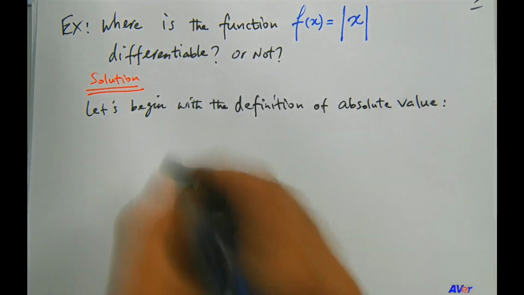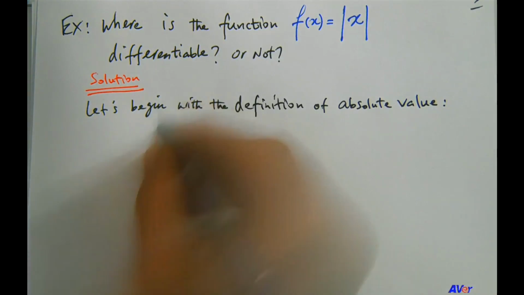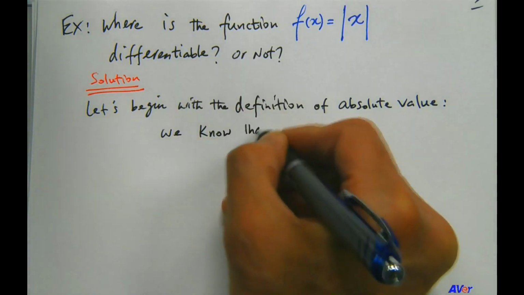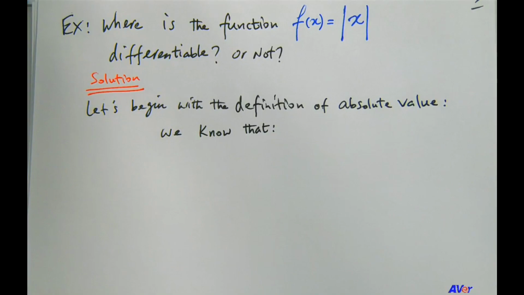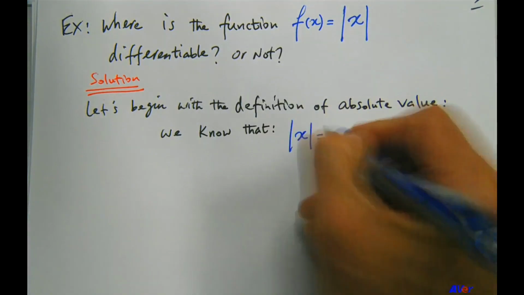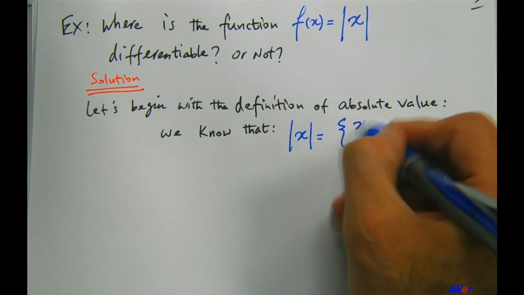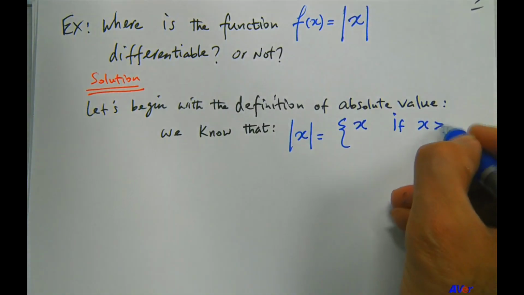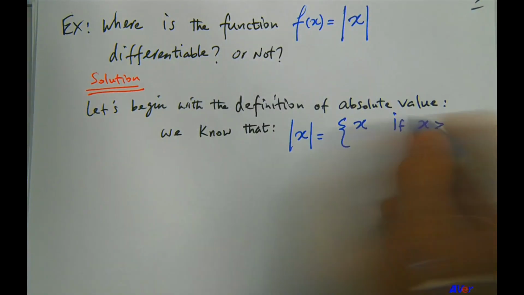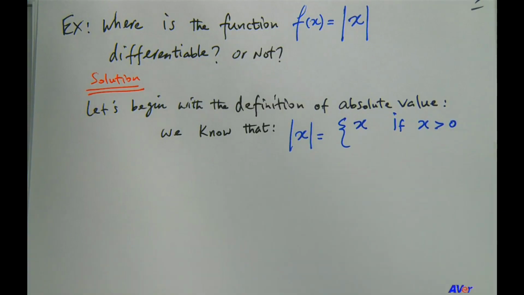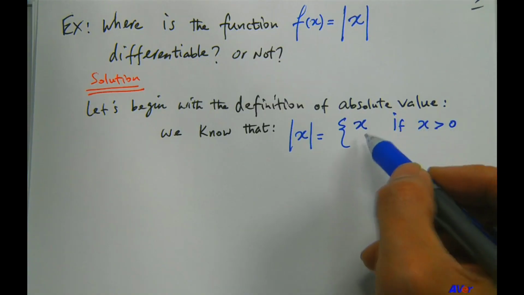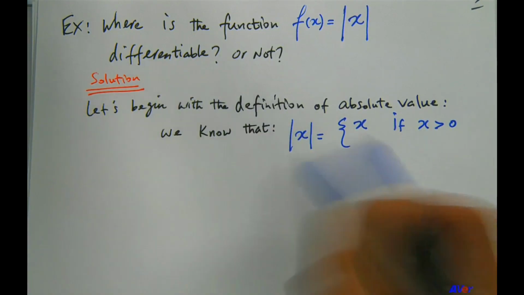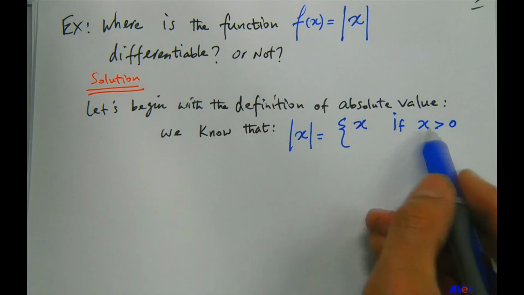Okay, which is, we know that absolute value of x is equal to x if x is greater than or equal to, or let's just take it as greater than 0, because at x equals 0, when we talk about differentiation at x equals 0, something happens here. So I'm just going to keep this.